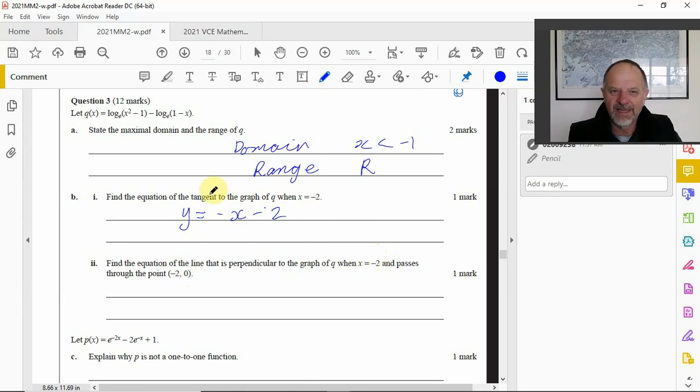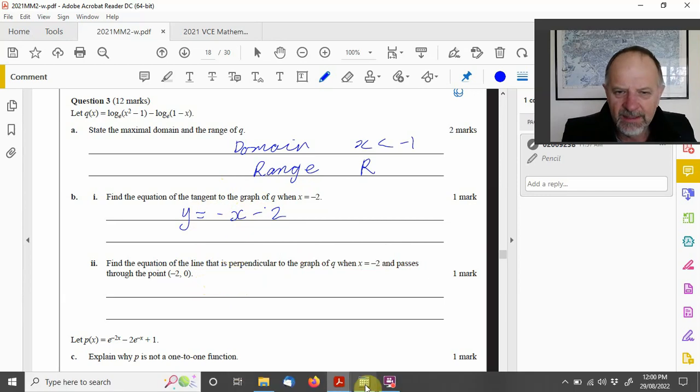Here we've got the tangent at x equals minus 2, and this is x equals minus 2, so we're actually looking at the normal. They just tried to word this interestingly for you.